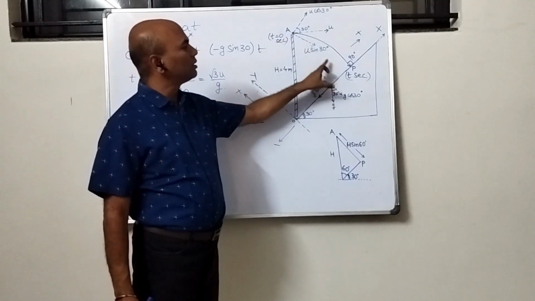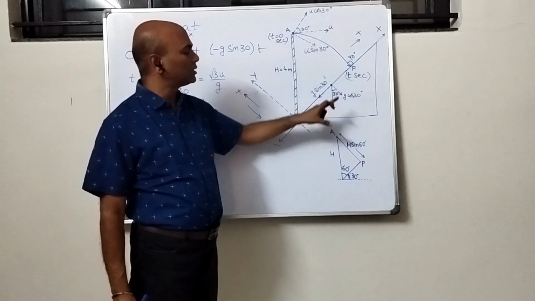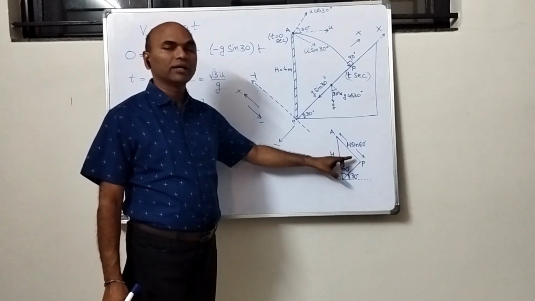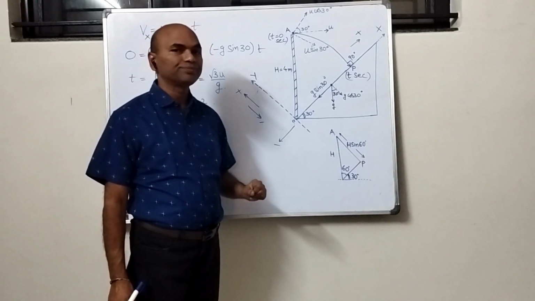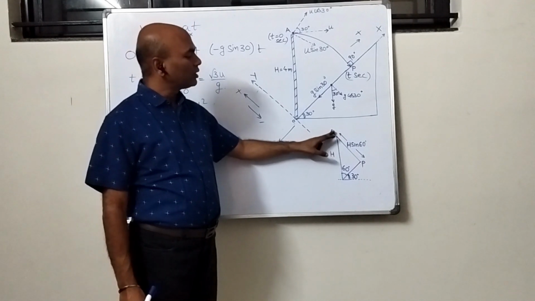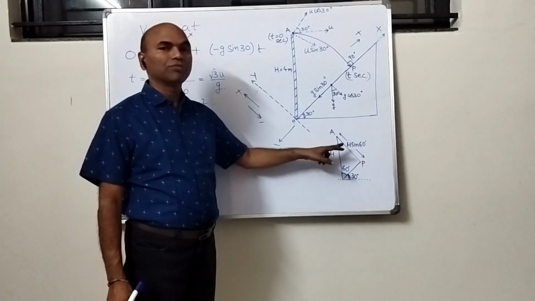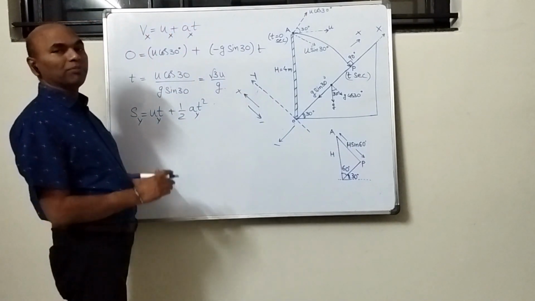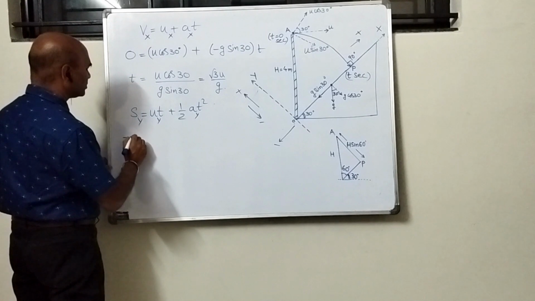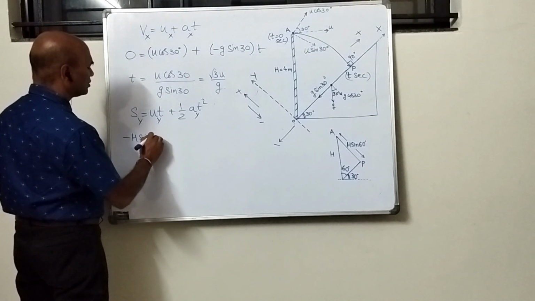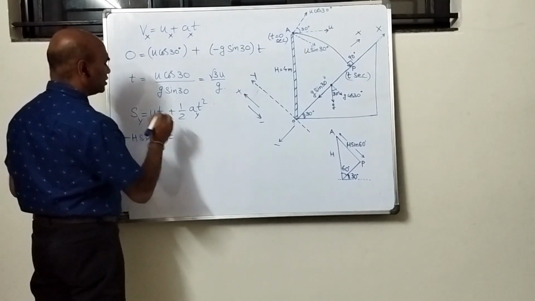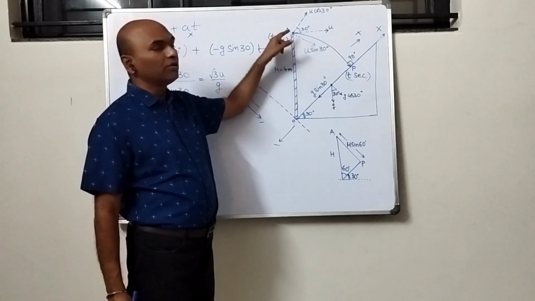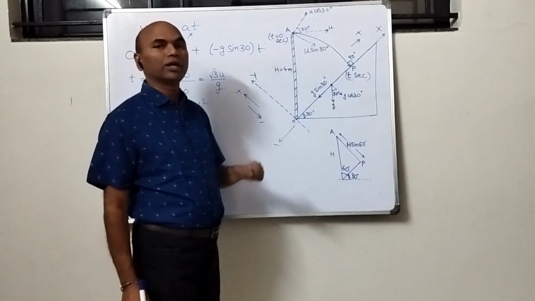This distance must be the distance covered along the y-axis. This is opposite to the 60 degree angle, so it must be h sin 60. The displacement along the y-axis, which is the negative direction, is h sin 60, and as per sign convention it must be minus. So I would write minus h sin 60 is equal to, coming to uy, again it is u sin 30 with the negative sign because it is also in the negative y-axis direction.